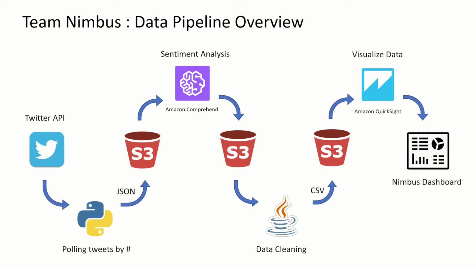We wanted to visualize this data, but the output of Amazon Comprehend was a messy JSON file which was not easily understood by Amazon QuickSight. Also, the output was doubly zipped in tar.gz format. To resolve that, we created a Java application which pulled from the S3 bucket, extracted the data from the tar.gz file, cleaned up individual data rows and created a CSV file and dumped it into yet another S3 bucket.